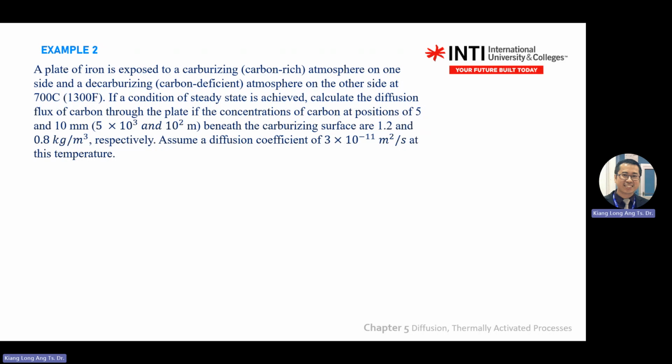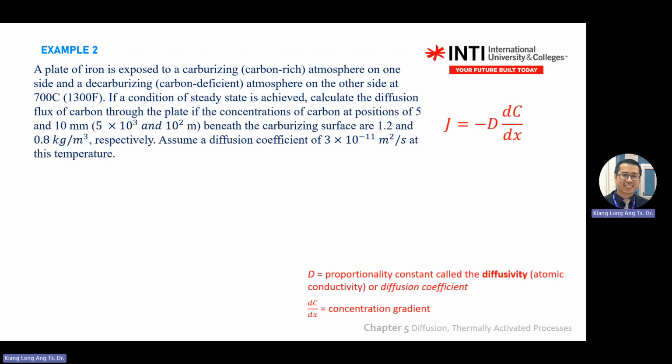Okay. Now you have C1, C2. You have X1, X2. So put in the calculation. If you understand the equation, you should be able to calculate. So I'll just give you the equation. Just remember it's a negative value, because it's negative gradient.